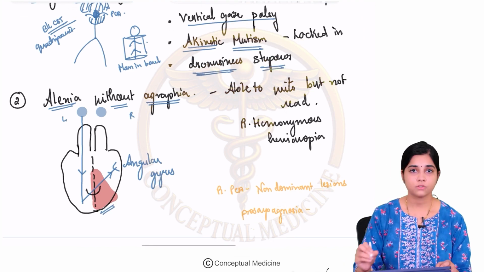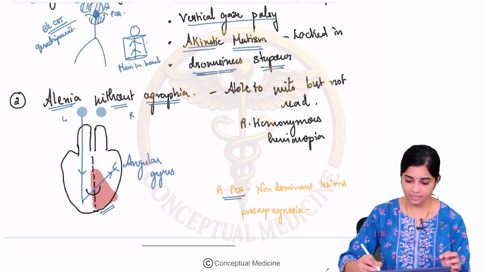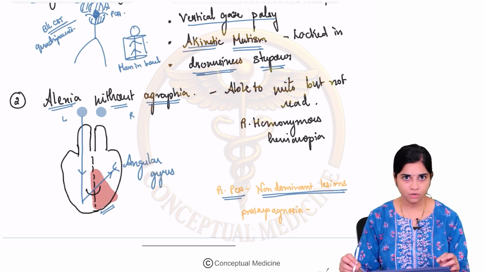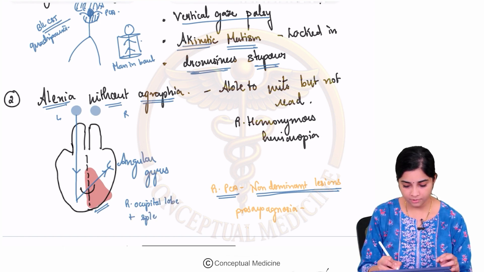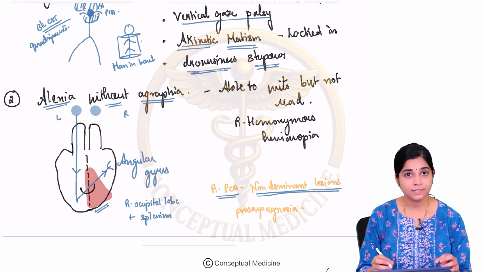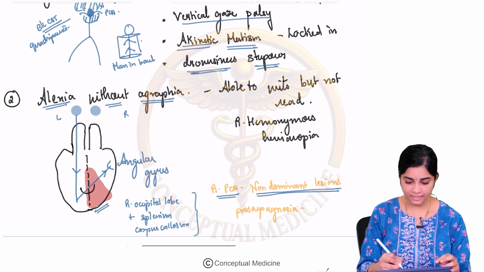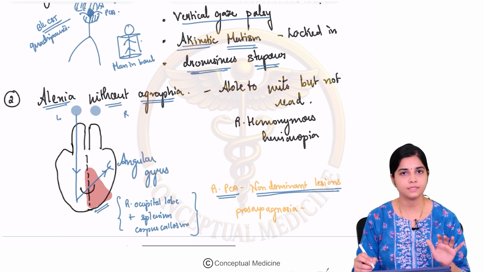As highlighted here, it is predominantly your right PCA or non-dominant lesions, so right occipital lobe plus splenium of corpus callosum. You have right occipital lobe plus splenium of corpus callosal involvement, which results in this.